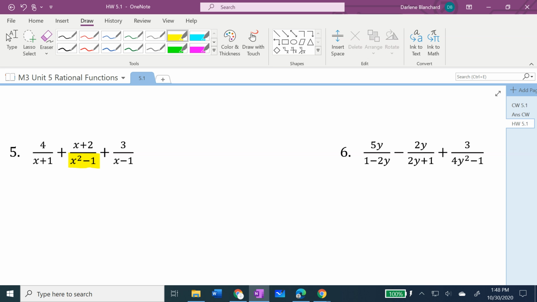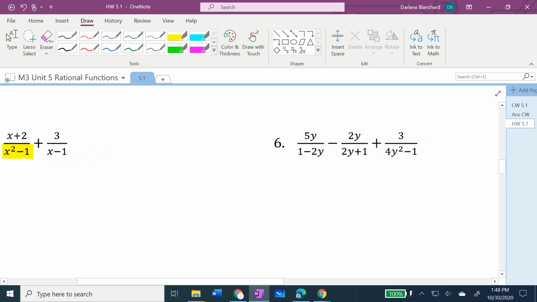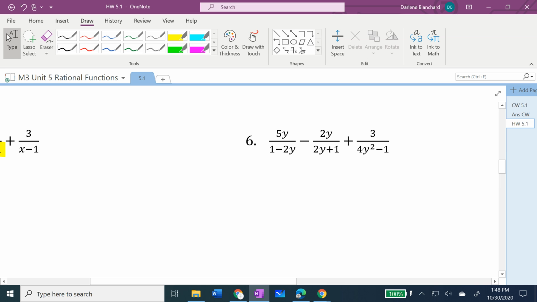I'm going to give you another tip that's going to help you out a lot with your homework. Can you factor 4y squared minus 1? What you want to see is it's a difference of squares.